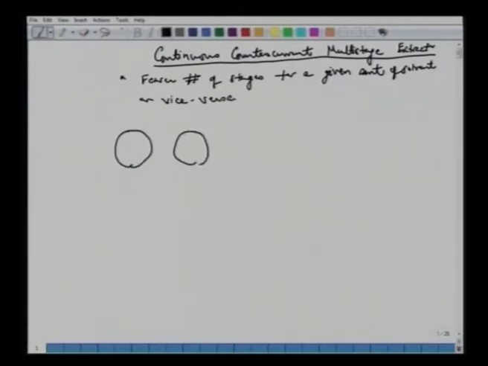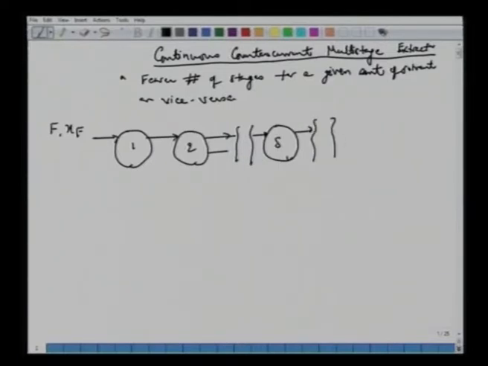So, the raffinate leaves with the molar flow rate RNP with the composition XNP. So, we have the feed enters here. So, in continuous countercurrent, we have the solvent entering from the other end. Say the mole fraction of the solute is very small, let us say, it is YS. So, we have this type of situation, and then the solvent or extract phase leaves at the stage 1.